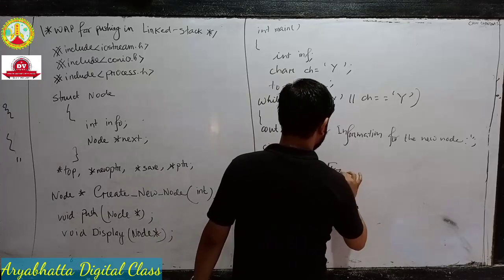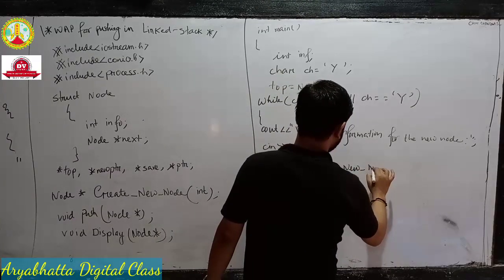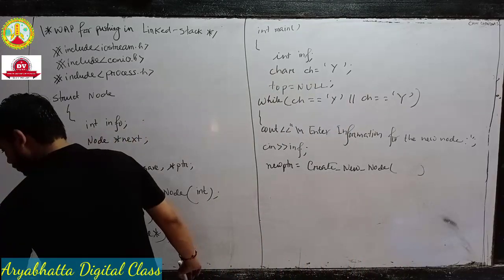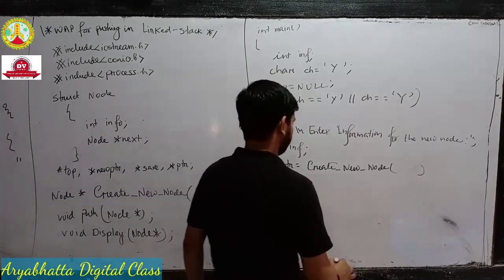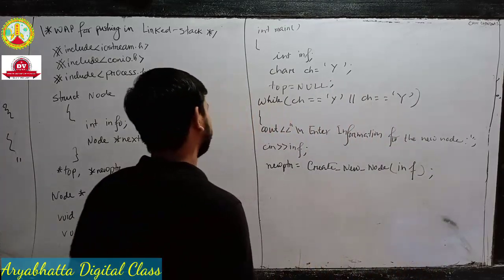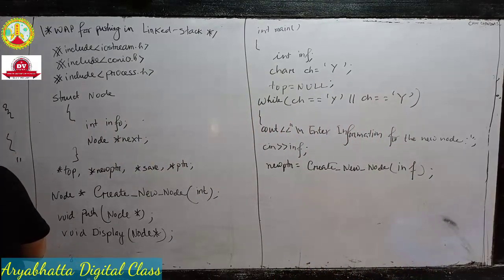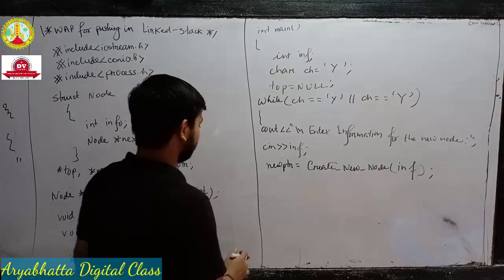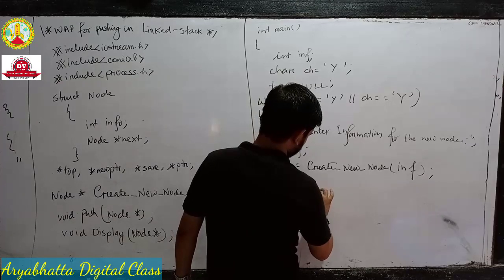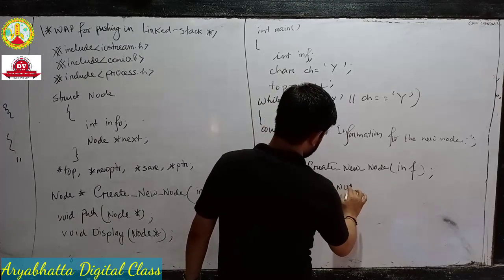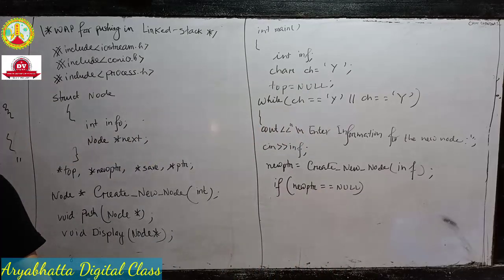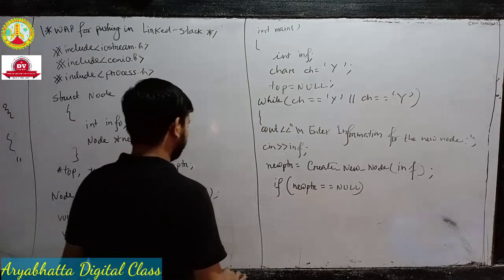Create new node inf. Integer is the argument, integer is assigned inf. If new ptr is equal null, cout cannot create new node.